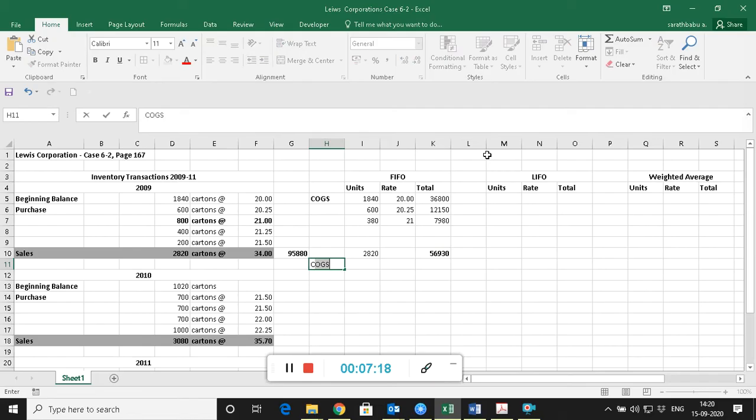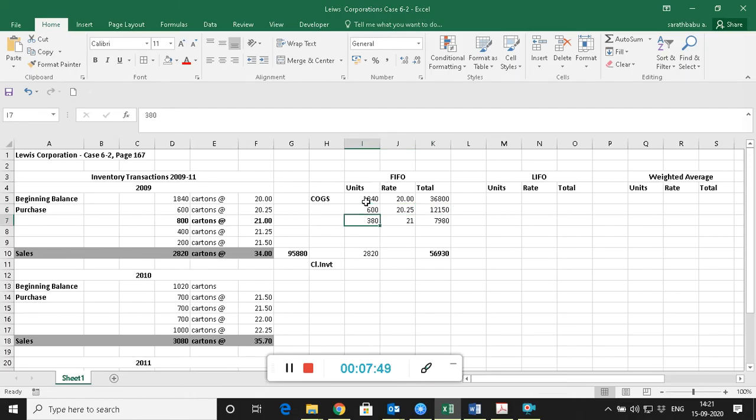Okay, I have calculated COGS. What about that closing inventory at the end of 2009? How do I calculate that closing inventory? So look at the sequence of the activity. From the first lot I have issued all, so I have exhausted all the first lot, that is the beginning balance, and the second lot I have completed.